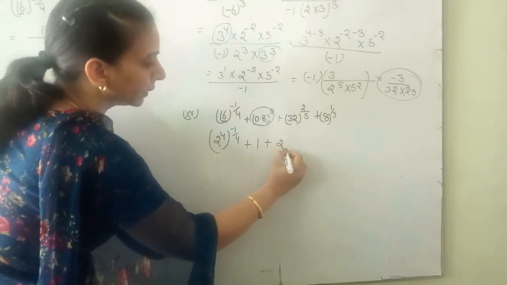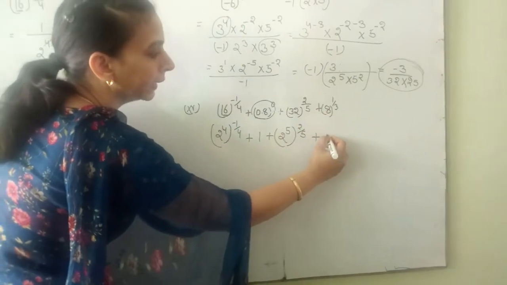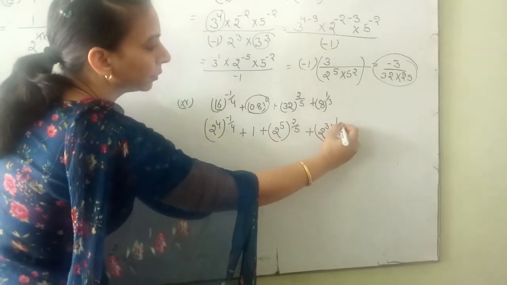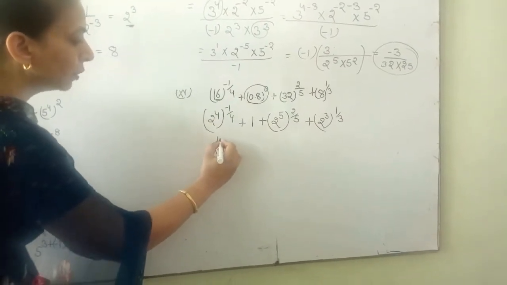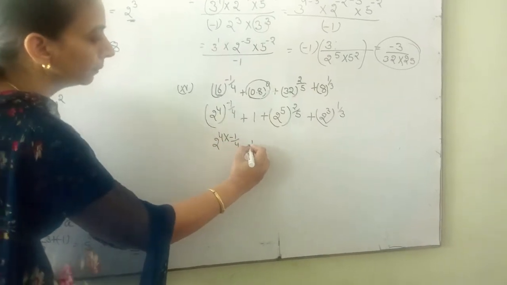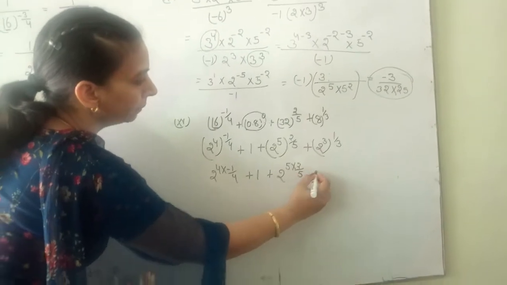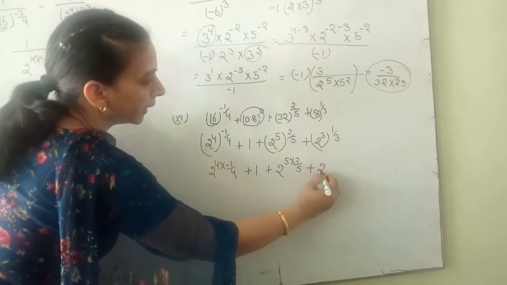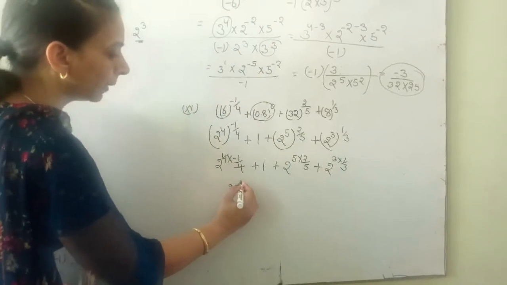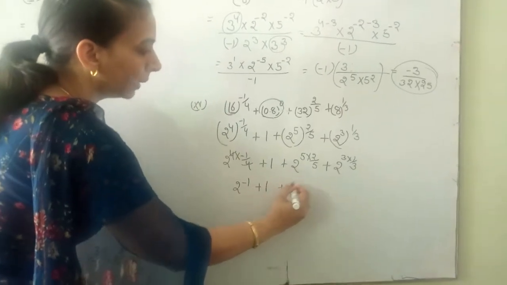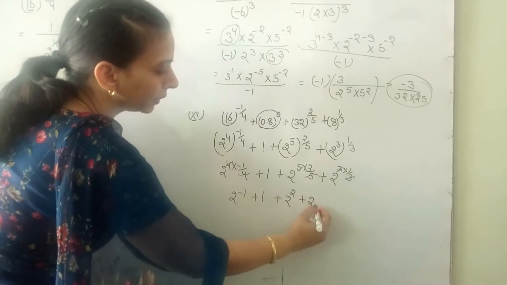32 is 2 raised to the power 5 and complete 2 by 5 plus 8, 2 raised to the power 3 and raised to the power 1 by 3. Okay. Then according to the power law, powers should be multiplied: minus 1 by 4 plus 1 plus 2 raised to the power 5 multiply 2 by 5 plus 2 raised to the power 3 multiply 1 by 3. 4 to 4 cancel, then 2 raised to the power minus 1 plus 1 plus 5 to 5 cancel, 2 raised to the power 2 plus 3 to 3 cancel, then 2 raised to the power 1.